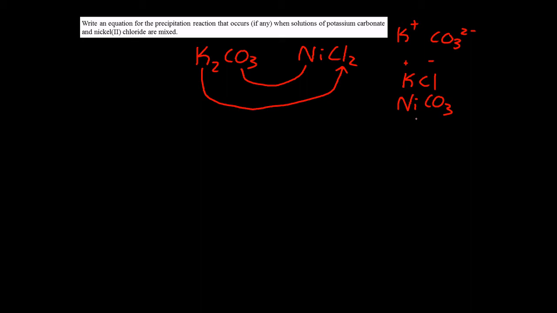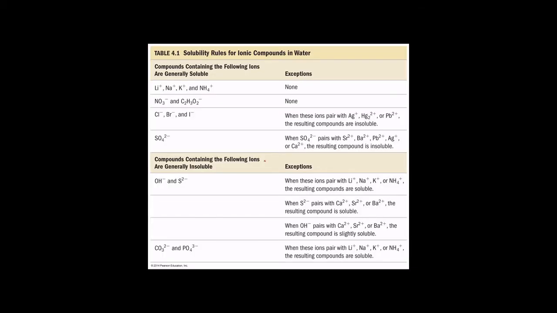So if I check the table, what I'm going to find, I'll go ahead and show you, is that chloride is generally soluble, and potassium is always soluble. So potassium chloride is definitely going to be in aqueous phase.